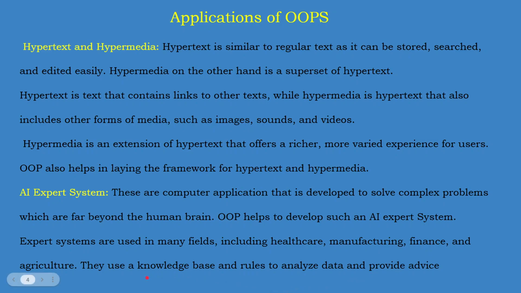When data grows and we also apply some information along with the data, it is called knowledge. The knowledge base helps to analyze the data based upon some rules, and based on that analysis, we can provide advice on the functioning of the particular system. For that, the OOPS concept helps a lot.